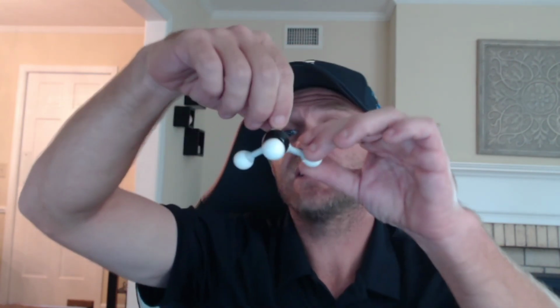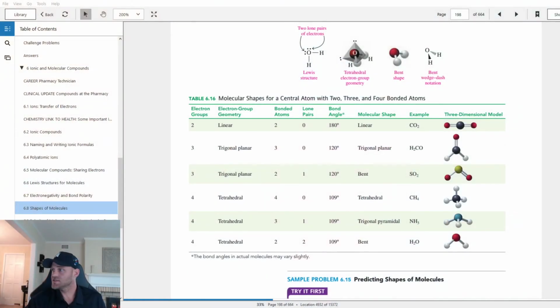NH3, which is what we just did on the iPad, has 3 bonded atoms, 1 lone pair. So the electronic geometry is still tetrahedral because I still have 4 electron groups. But for the molecular shape, I don't pay attention to that lone pair, and it's in a pyramid. So we call this trigonal pyramidal. If I look on my chart, I'll see trigonal pyramidal.